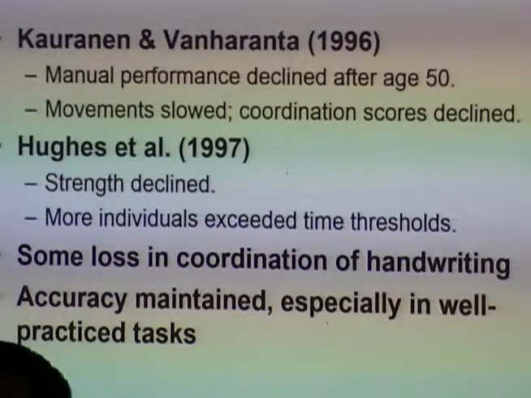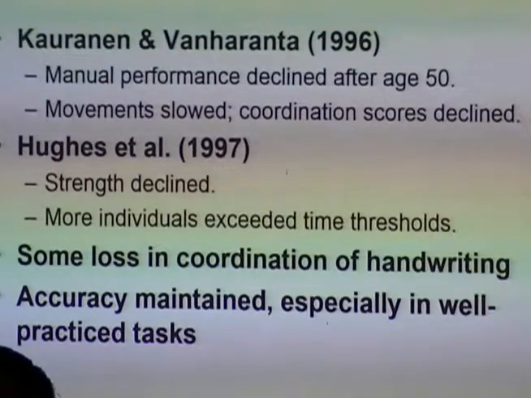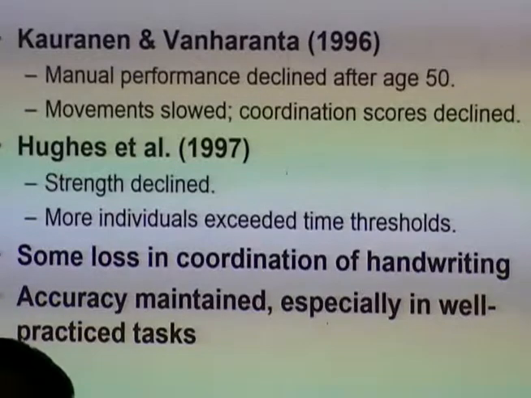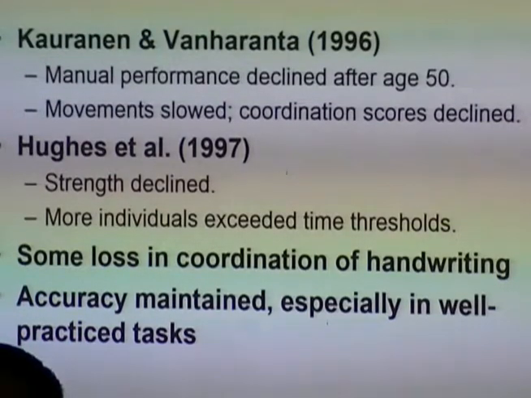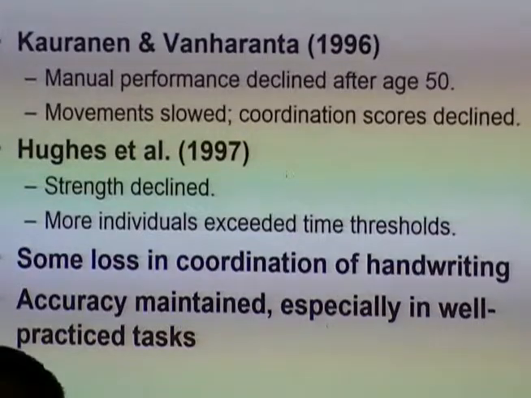A little bit of loss in coordination in handwriting, but until you're quite old, you really have to be getting into your late 80s or your 90s. We don't see a loss in force production. So I can still see my handwriting, but it starts to get a little bit wiggly wobbly.